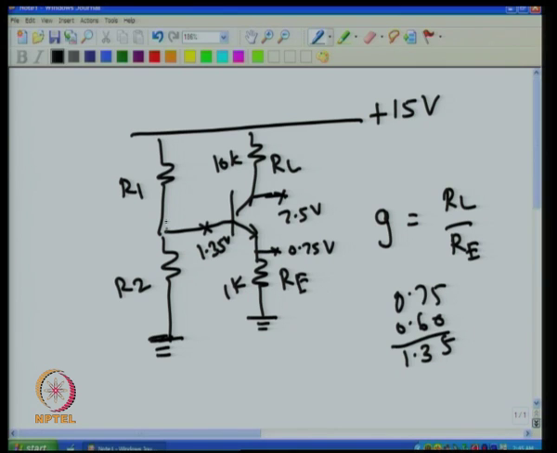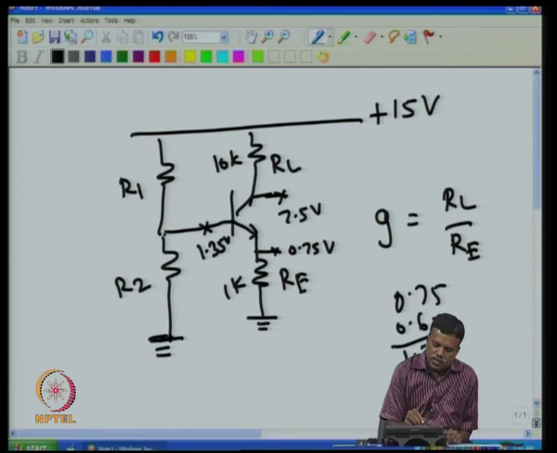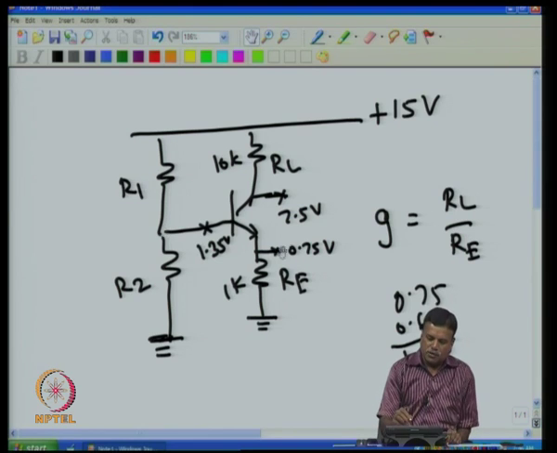I have to select R1 and R2 such that this is sitting at 1.35. Normally, we can get various combinations from 15 volt. All that is needed is that at this point I get 1.35. That will make this point sit at 0.75, and this point will sit at 7.5. That is the required starting point.